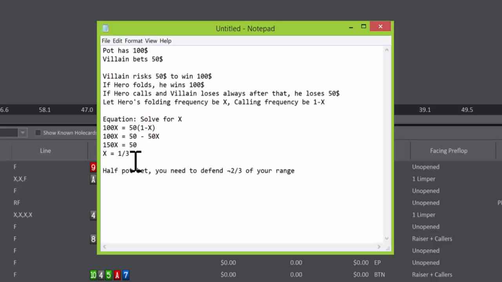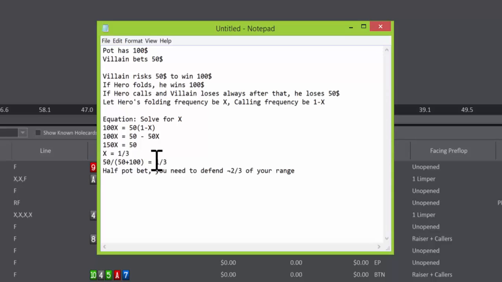So against a half pot bet, he needs hero to fold at least a third of the time in order to profit on a bluff. A quick way to calculate it is just 50 divided by 50 plus 100 equals 1/3.